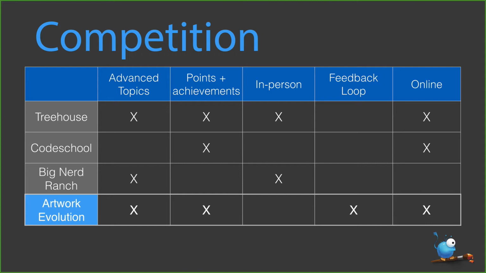So Treehouse and Code School sort of fill that gap that Big Nerd Ranch has left open, and that's where we see ourselves competing as well. We want to differentiate ourselves from Big Nerd Ranch by offering online courses like two of our competitors on this list, but we also want to incorporate the feedback loop and learning research that helps people learn more effectively and more efficiently.